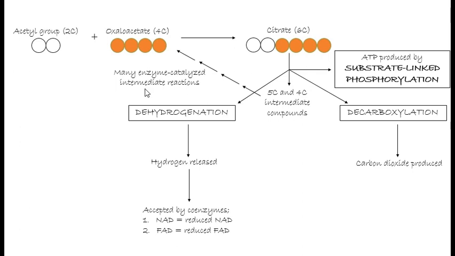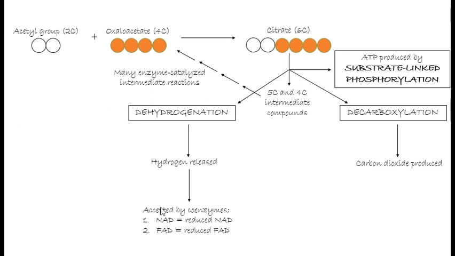So dehydrogenation, as the name suggests, is the removal or the elimination of hydrogen. And when hydrogen is removed and released, the released hydrogen cannot exist on its own. Therefore, it is accepted by two coenzymes. Now in all the processes which we learned before, that is glycolysis and the link reaction, the hydrogen released was captured by only one coenzyme, but the difference is that in the Krebs cycle there are two coenzymes involved in the accepting of hydrogen.